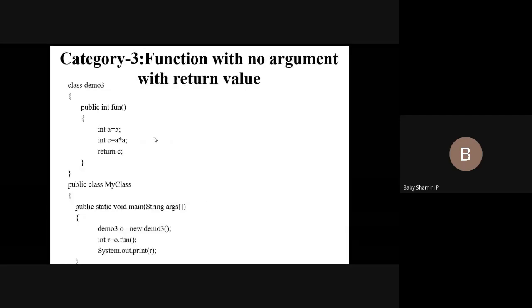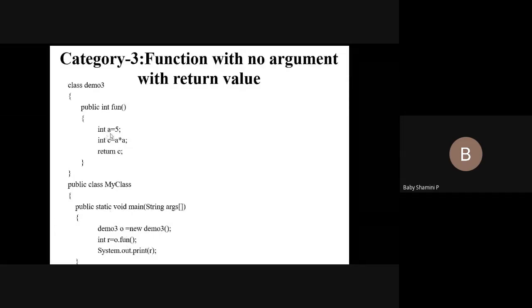So next category, function with no argument with return value. Same, this is class Demo3. Inside we have method definition, public int funnow. Function with no argument, so no need to pass any argument from the main method.